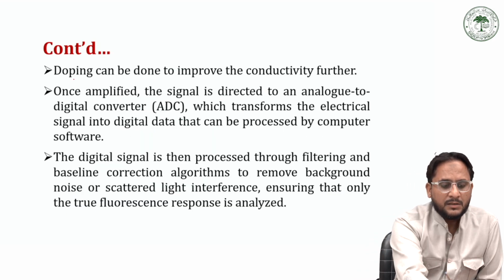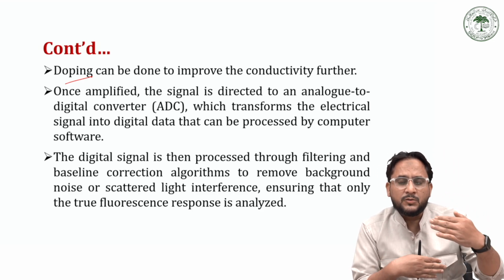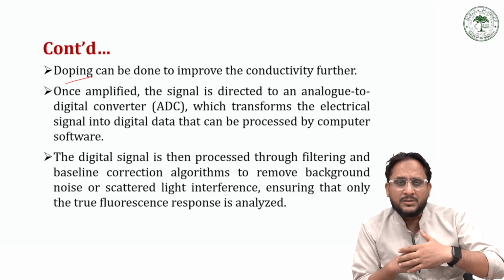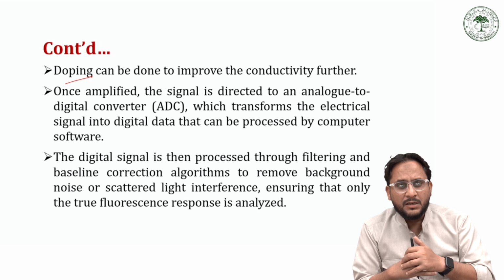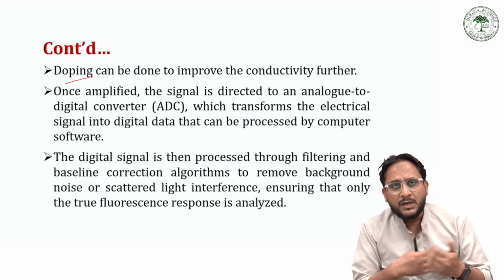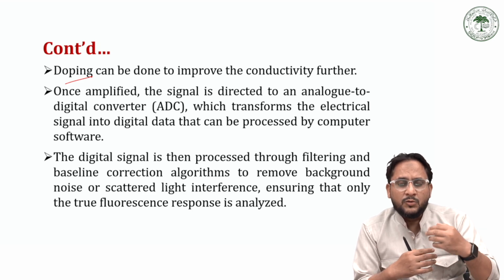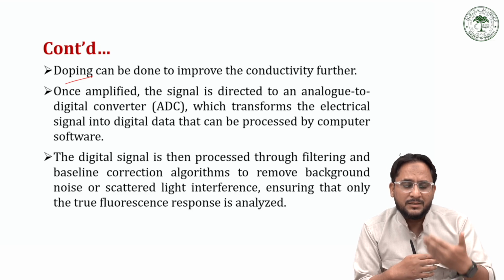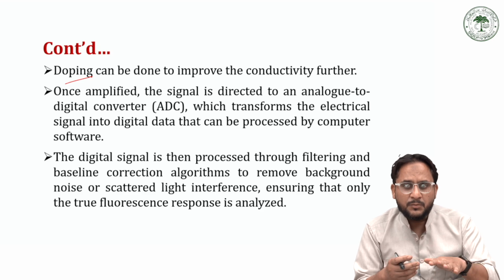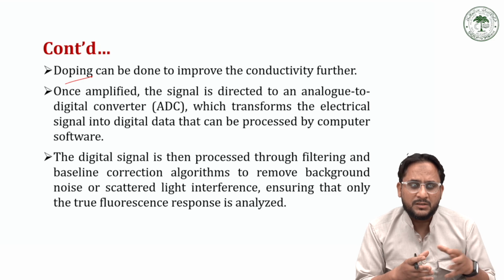As I said earlier, these semiconducting materials can be doped with other material so that their conduction and valence bands come closer to each other, and electrons can very easily jump from the valence to the conduction band. If we are not doing doping, we can either increase the temperature, or provide light radiation, because even light photons have sufficient energy to excite electrons, and these electrons can easily jump from the valence band to the conduction band, creating electron hole pairs. This third process, in which light radiation is used to create electron hole pairs, is basically used in solid state array detectors.